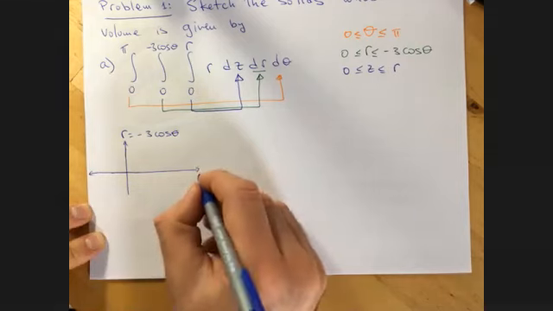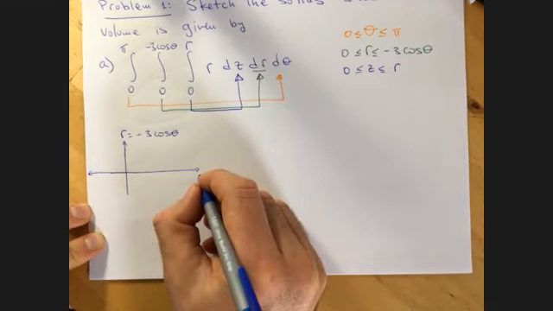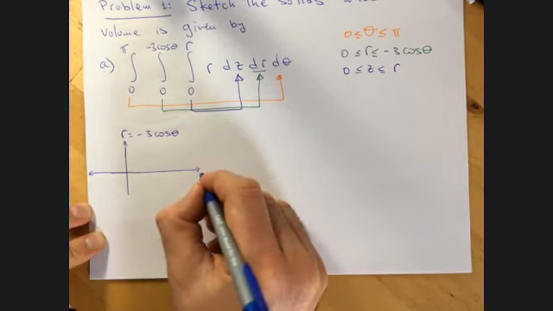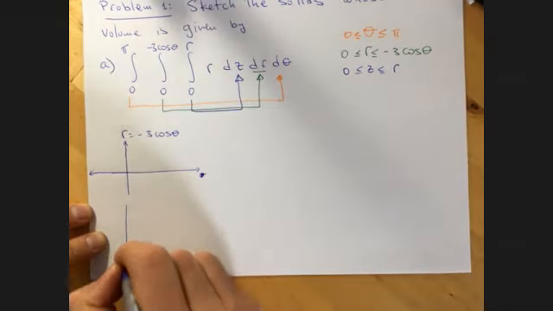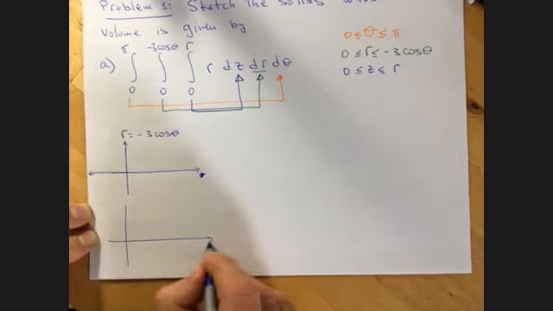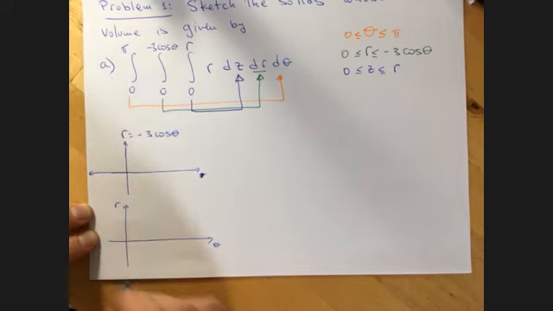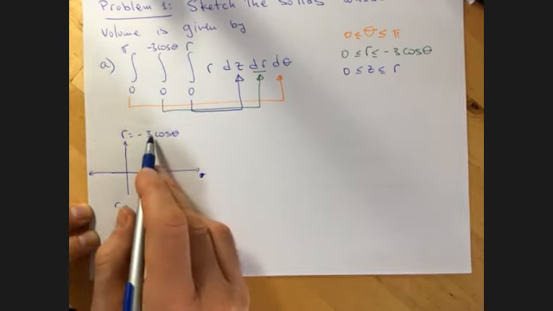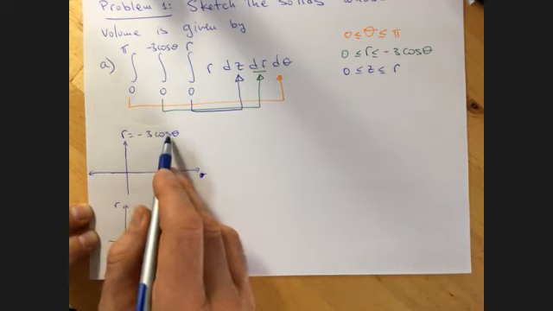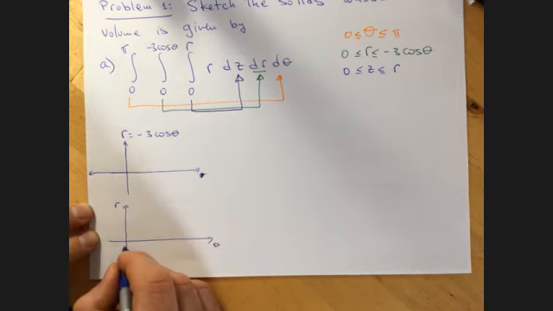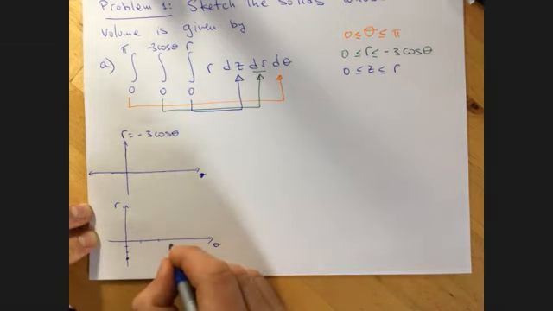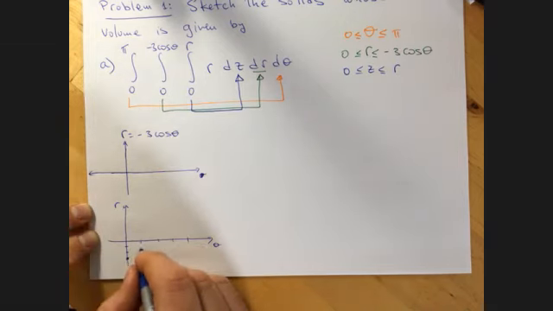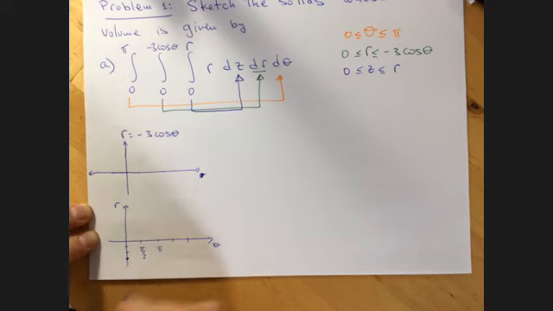Okay, so I have X and Y, and here I can write theta and R. When theta is 0, R is -3, 1, 2, 3, and then I have 1, 2, 3, 4. This is pi over 2, and this is pi.